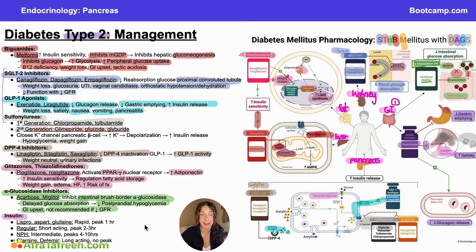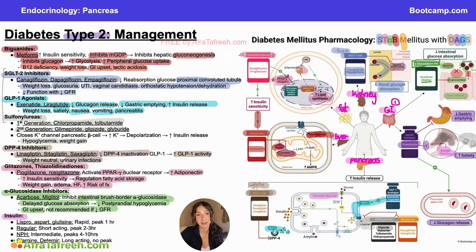We want to keep them off of it as long as possible. However, if the choice is rampantly uncontrolled hyperglycemia and diabetic complications or insulin management, we will use insulin to manage type 2 diabetes. We've already discussed all the different types of insulin. I've also included them here for your reference, but refer back to the type 1 diabetes medical management for a more in-depth discussion of the different types of insulin.